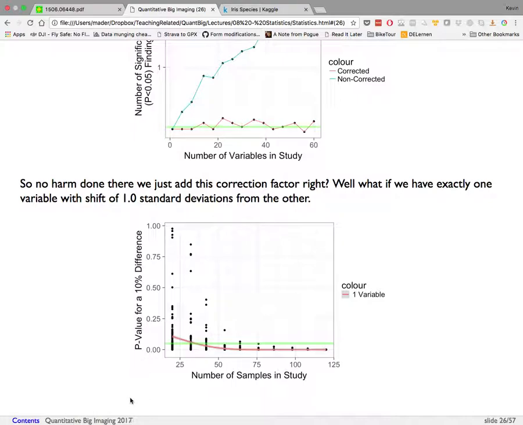And so what we have here is, when we're doing this correction, what p-value do we get for a 10% difference? As the number of samples in the study goes up, this p-value goes down.